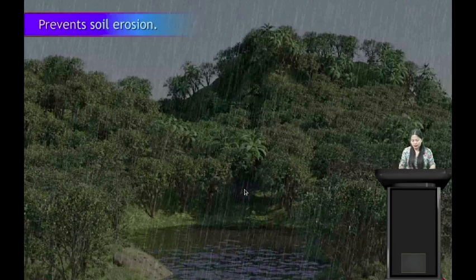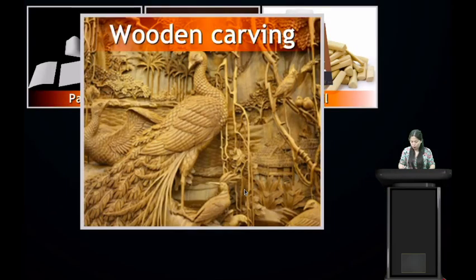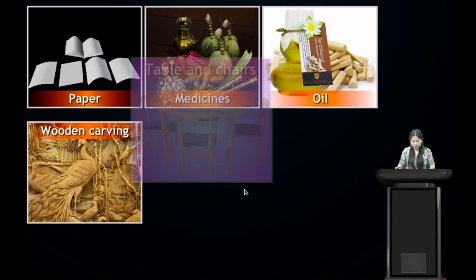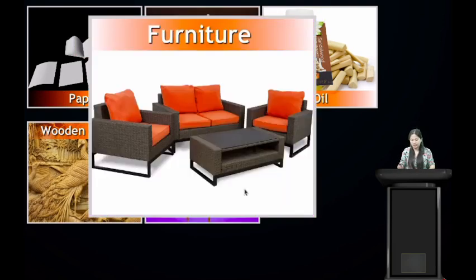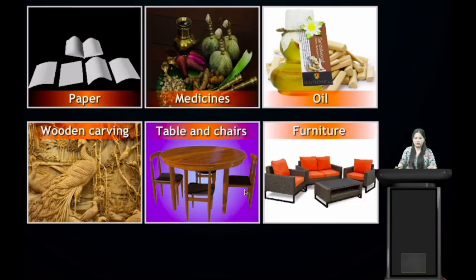We have here paper, we have medicines, we have oil, and we have wood carving, we have tables and chairs and other furnitures, different furnitures. So we use these different materials in our day-to-day life. We need paper to write, yes.